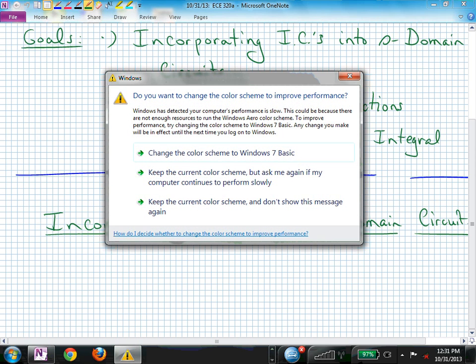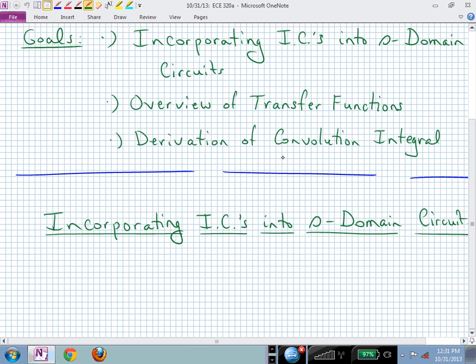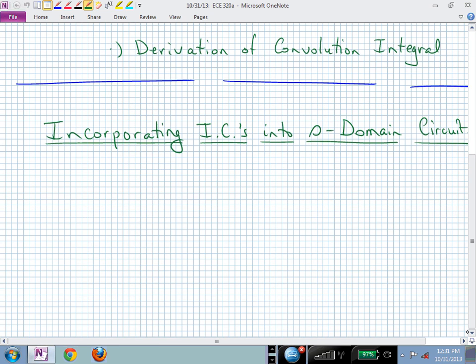Let's now start by looking at the idea of incorporating initial conditions into S-domain circuits. We talked about this in last class. But last time we actually focused or emphasized the series sources, voltage sources for the inductor and the capacitor.